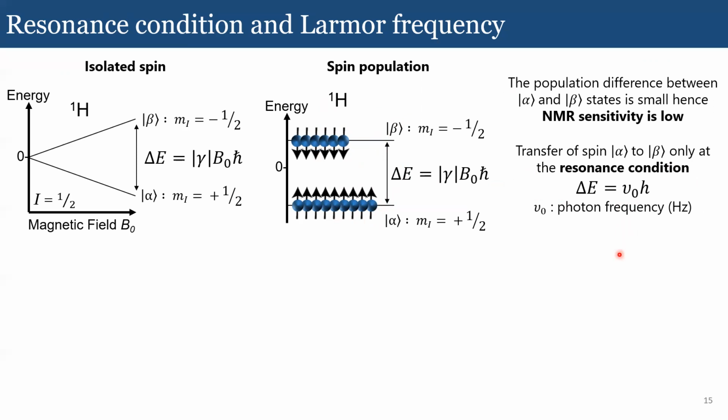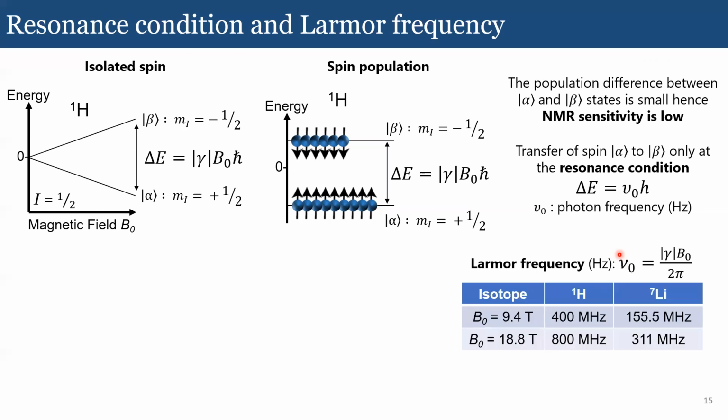So just to give you again a bit of values and context, that energy frequency is going to be a function of the Larmor frequency that I talked about earlier, and that's why I told you that the Larmor frequency was important.